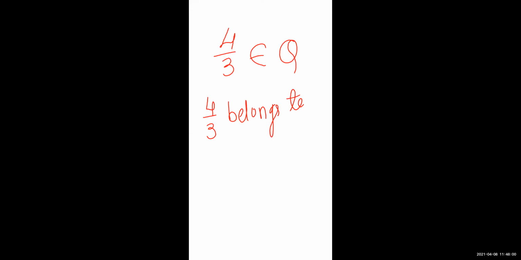Now suppose we are giving you a question, 4 upon 3 belongs to Q, that is, rational numbers. How can you read it? 4 upon 3 belongs to the set Q. In this manner, you can write down the answer in a symbolic statement.